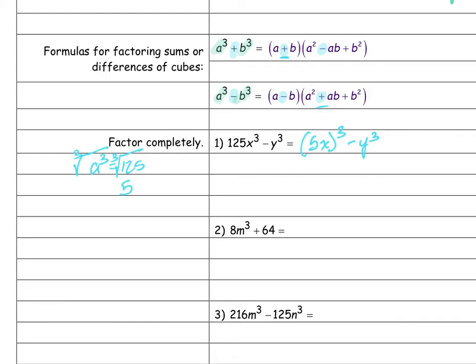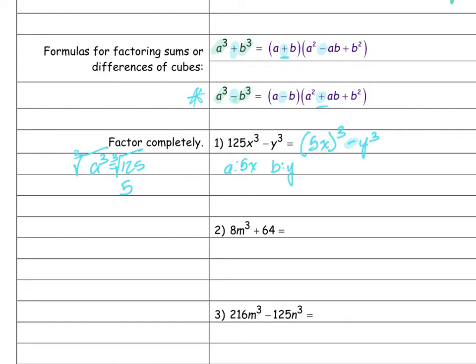And then when I'm factoring this, I always think of this. This is a subtract sign, which means I'm going to be using this one right here. And then I find a. A is 5x, and B is y.